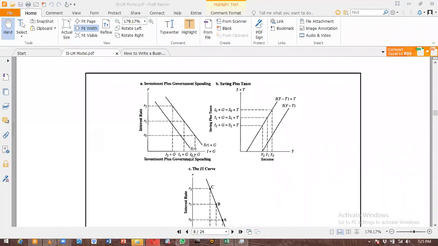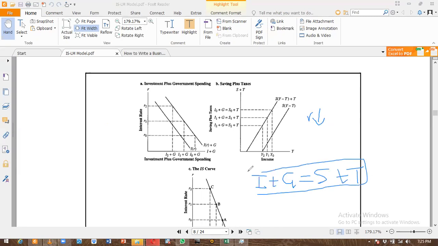See, what I'm trying to say is you have I plus G being equal to S plus T, right? So this is the injections and this is the leakages. Now, there is a fall in interest rate. As soon as there's a fall in interest rate, there's a disequilibrium in the market.